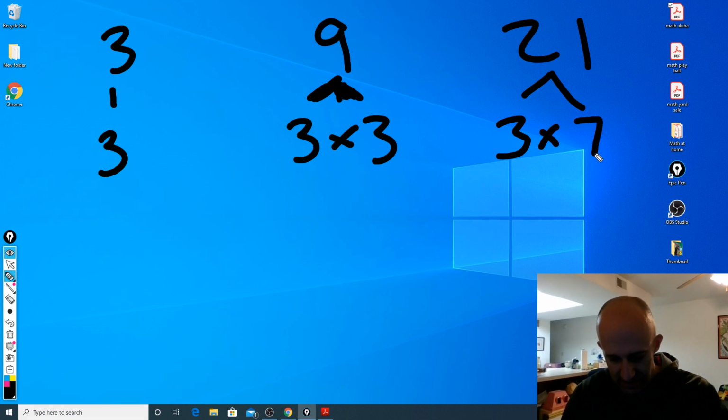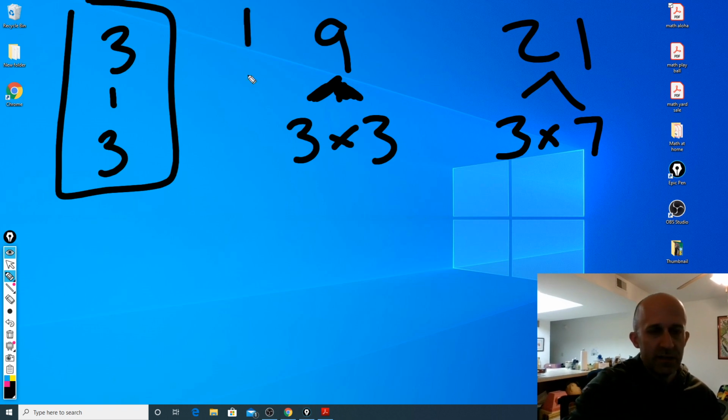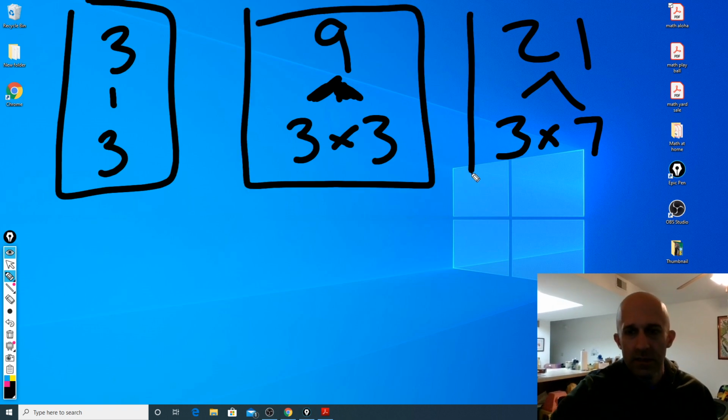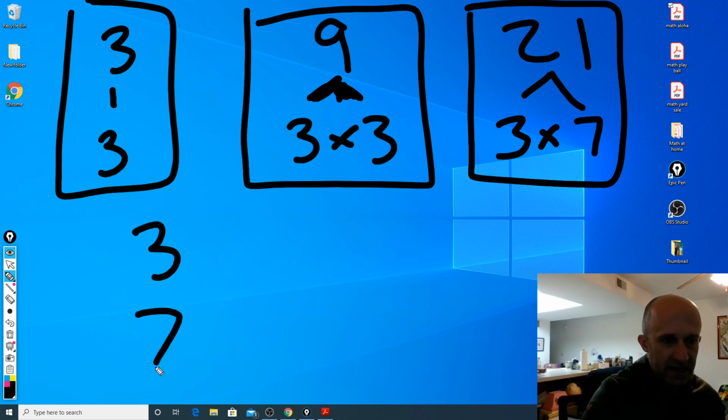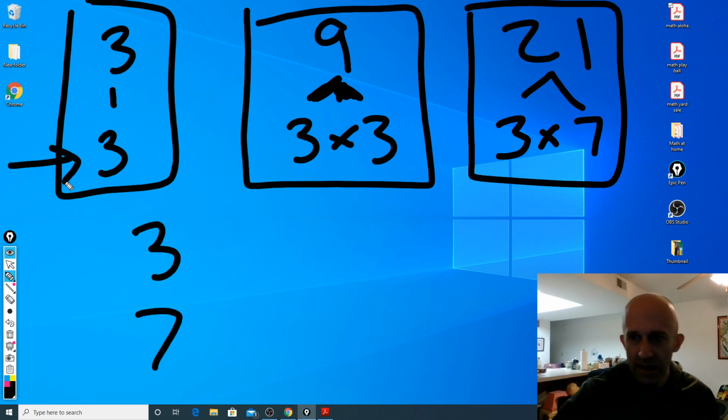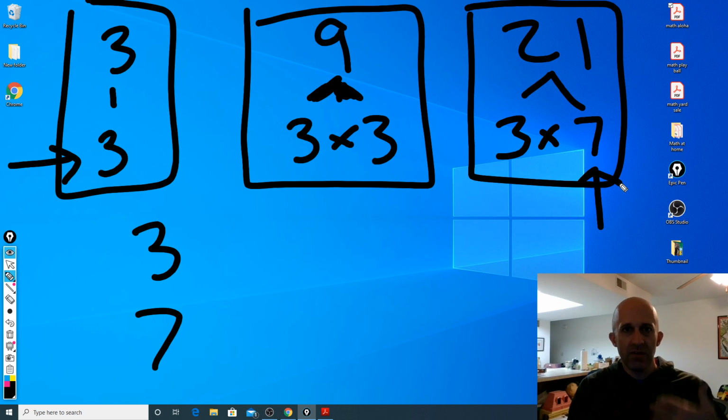So when you look at the number 3, the number 9, or the number 21, I see two numbers: 3 and 7. Out of these three numbers, what is the greatest number of times you see 3 occur?